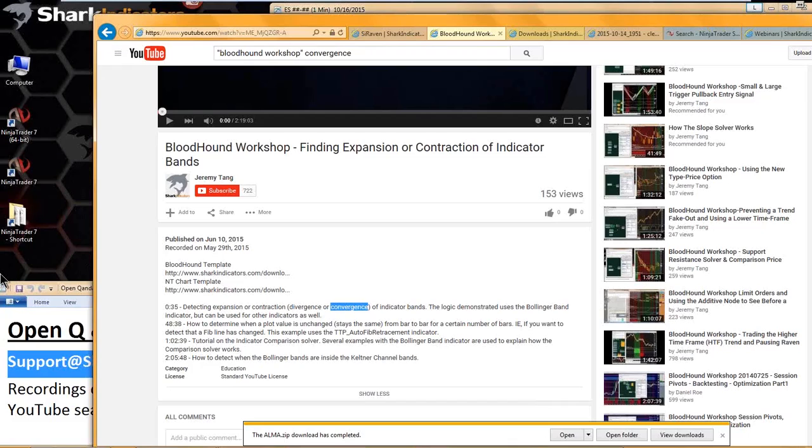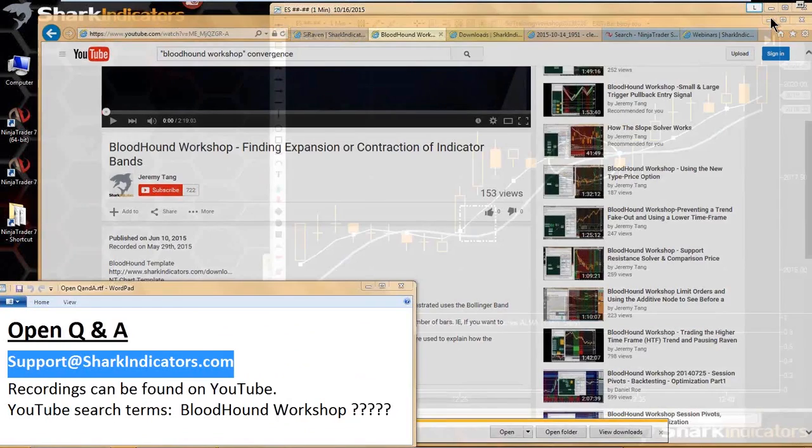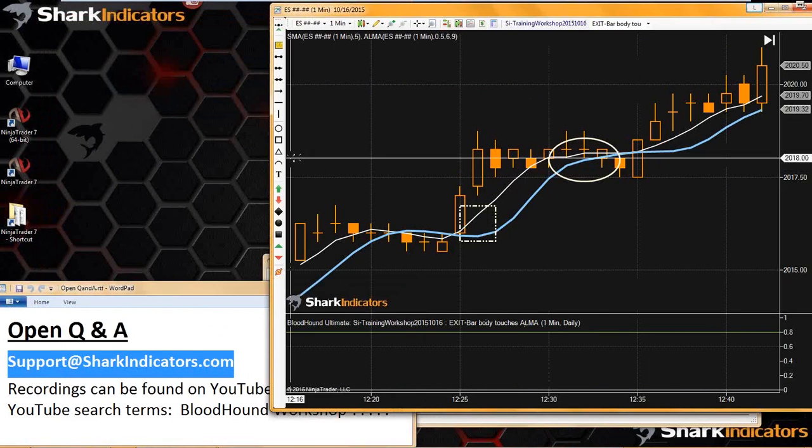Or can she use the lower time frame bar close and the current position of the bar on the higher time frame? So this is Marcy's second question.